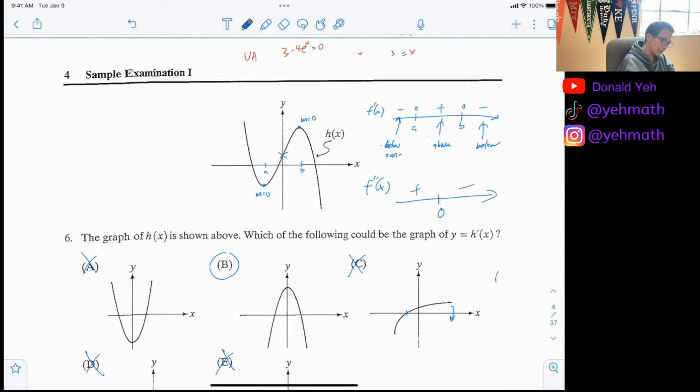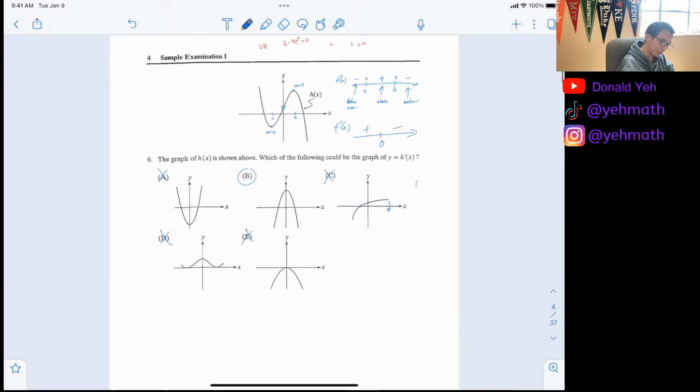If I graph the derivative, this is f prime of x. If I graph f double prime of x, guess what? It's a straight line, going from positive to negative.